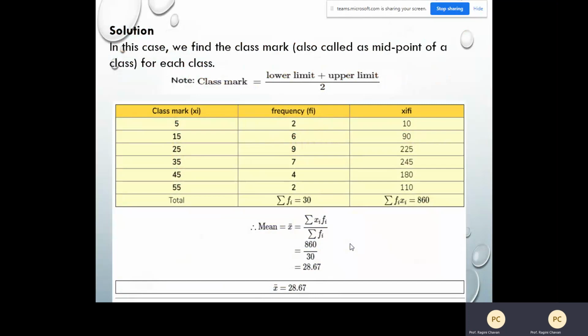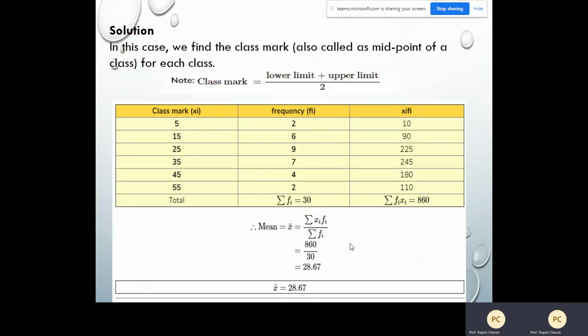Now to find out arithmetic mean for this data, first we have to calculate class mark, or it is also called as mid values. Mid values of corresponding classes. The formula to find out this class mark is lower limit plus upper limit divided by 2.